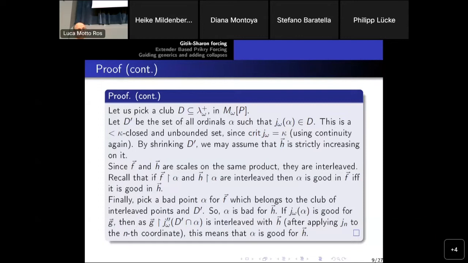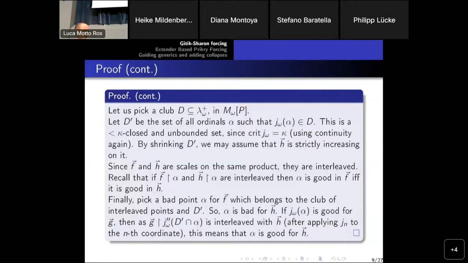But j omega of alpha is a good point for G, and we can assume that alpha has cardinality below the critical point of j omega. We can now start asking questions about how G looks on the image of j omega D prime intersection alpha.